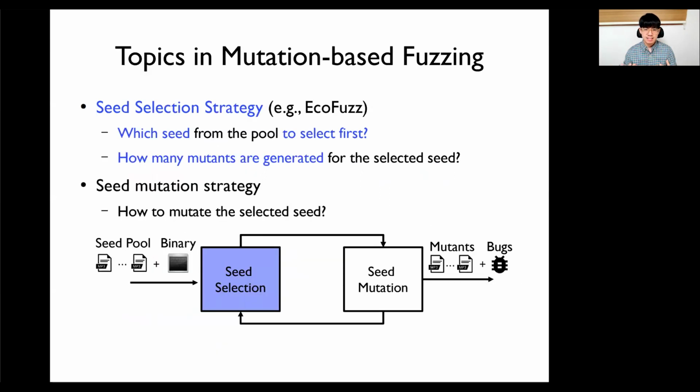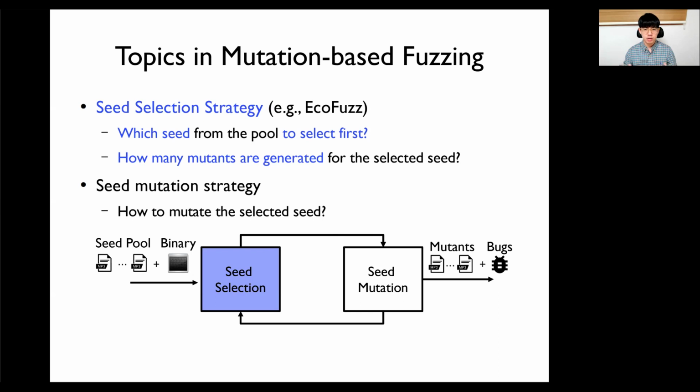So unlike last time, when we focused on seed mutation, today we will focus on another key component of mutation-based fuzzing techniques, seed selection. At a high level, a seed selection strategy has two different roles. First, this strategy determines which seed from the pool to select first.